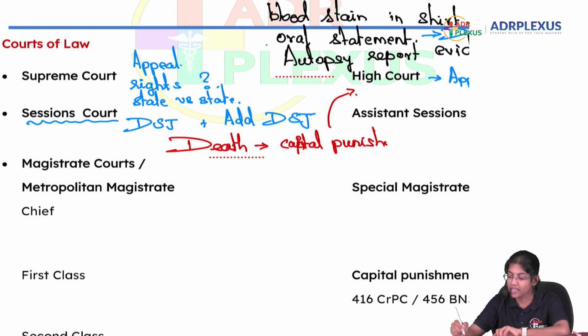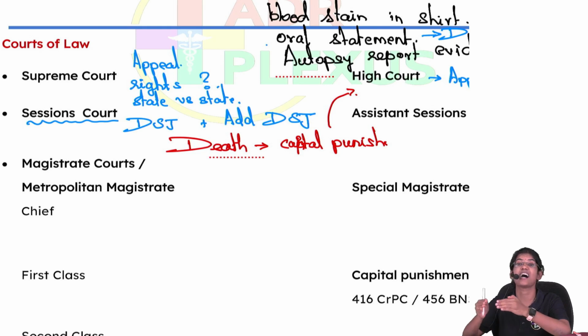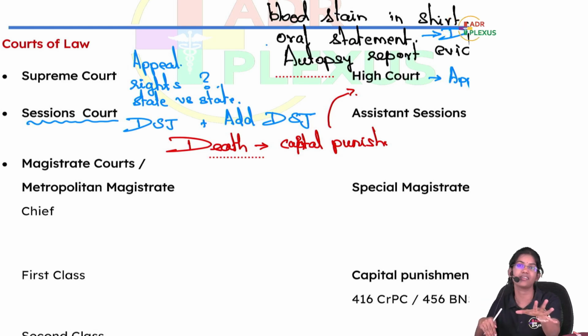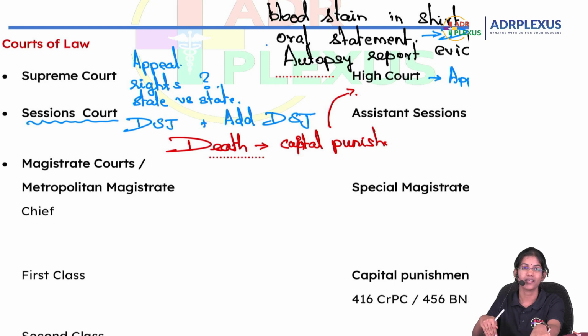That's all. Then you have the Assistant Sessions Judge, which is the next post, lower than the additional or district. The District Sessions Judge and Additional District Sessions Judge both can give death sentence and capital punishment.